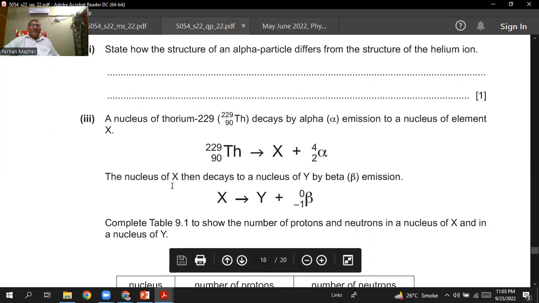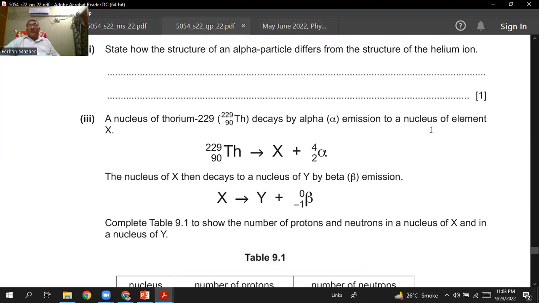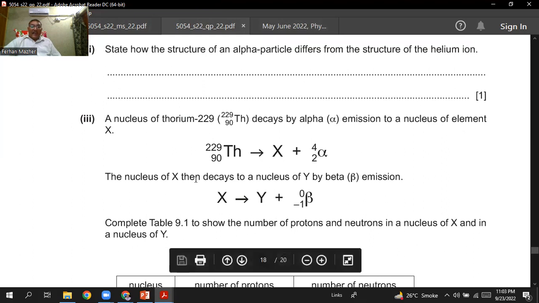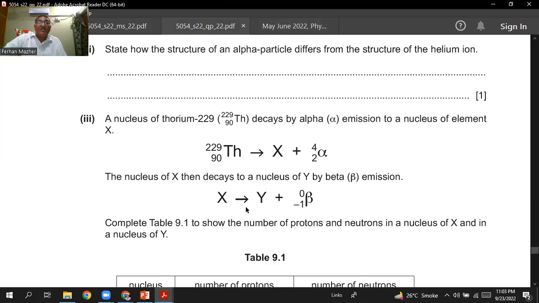Okay, a nucleus of thorium-229 decays by alpha emission to one nucleus of element X. The nucleus of X then decays to a nucleus of Y by beta emission.